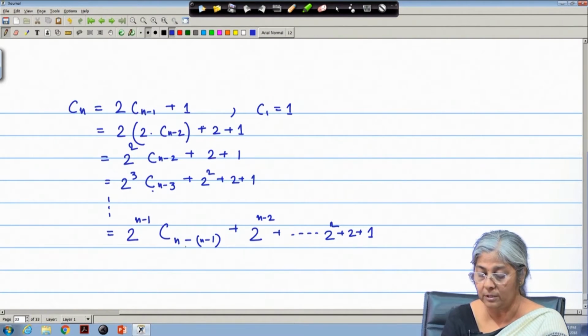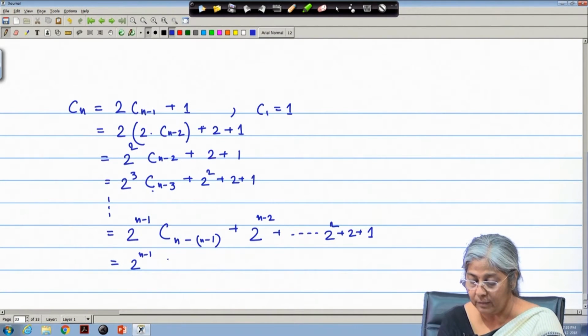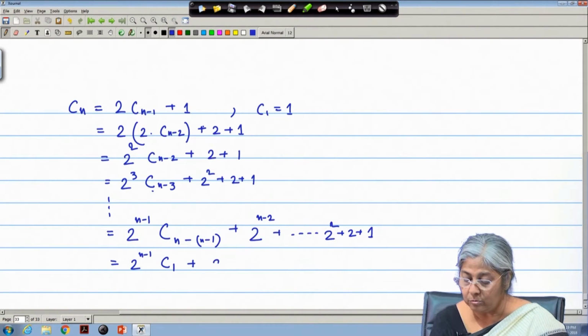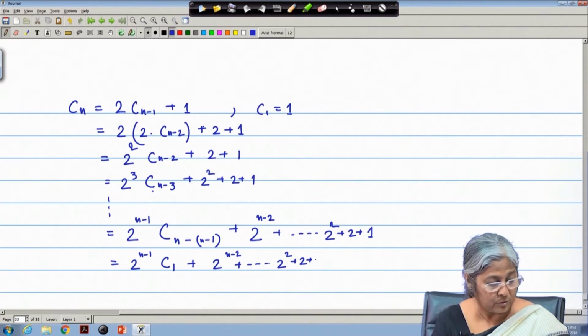So, this becomes n minus 1. So, this becomes 2 to the power n minus 1 C1 plus 2 to the power n minus 2 up to 2 square plus 2 plus 1.